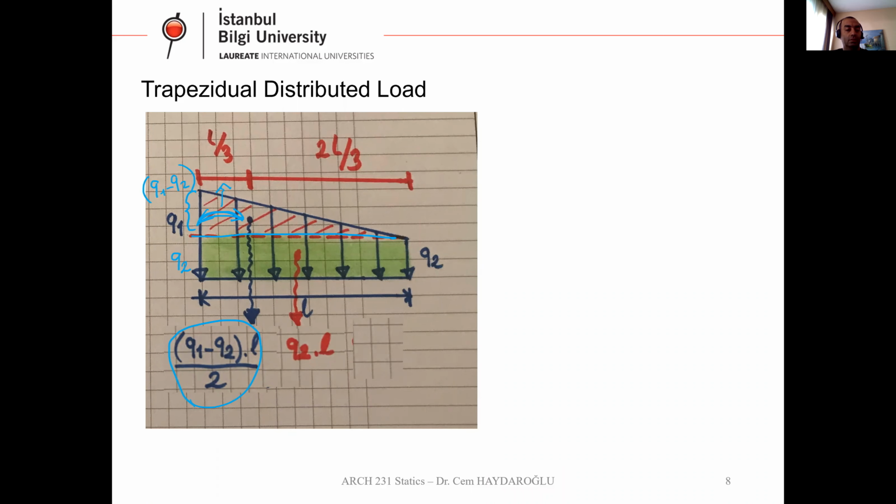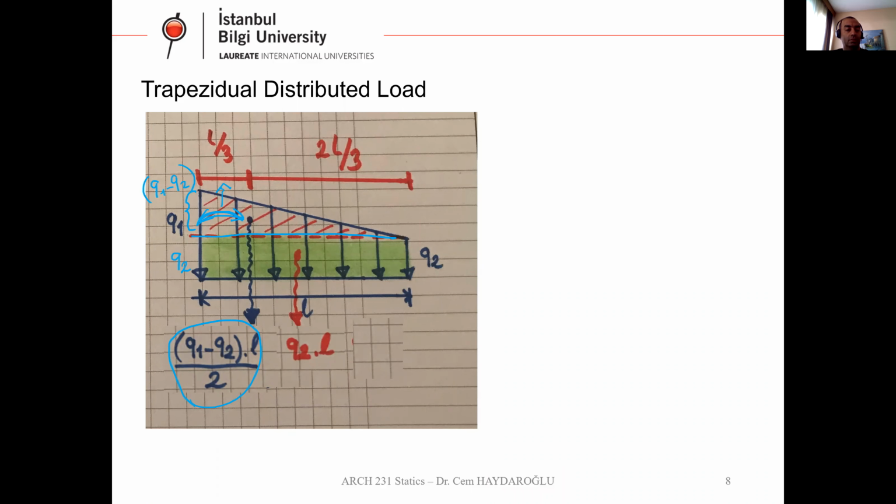Now we're gonna talk about the support reactions. Here, as you can see, we have different supports. We have roller support, we have pin support, and fixed support. We have 3 types of supports.